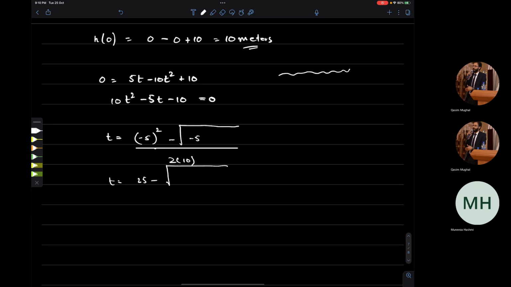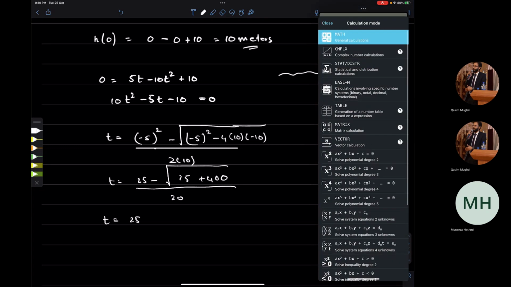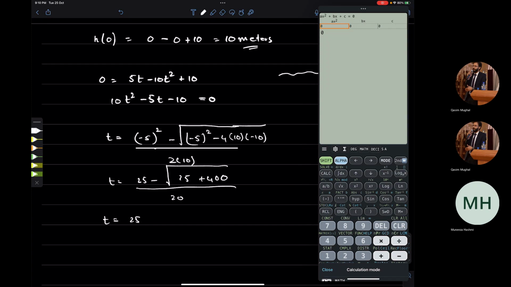It's minus b plus or minus the root of b squared minus 4ac, over 2a. T equals 25 plus 400, that's what you get, over 20. So let's just put this in the calculator and get to the solution directly. So a is 10, b is minus 5, c is minus 10.